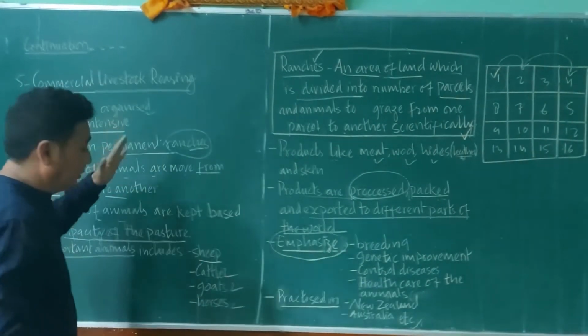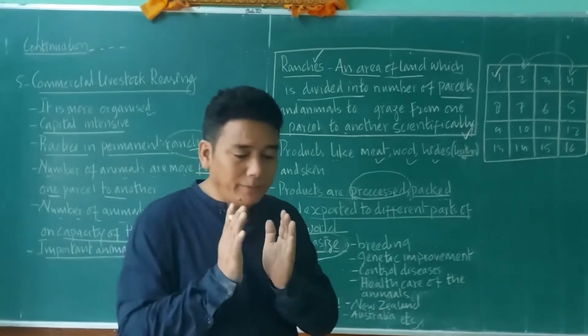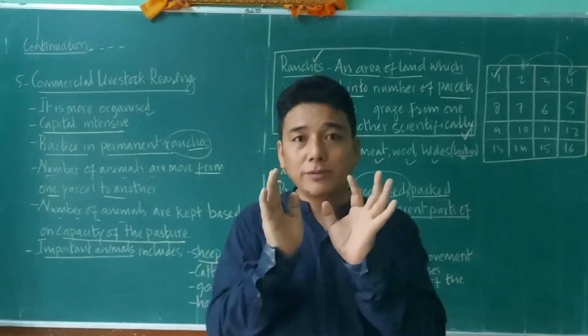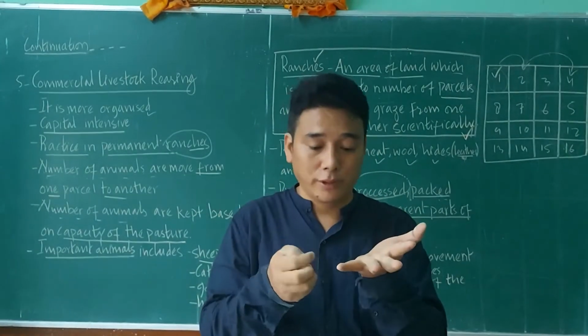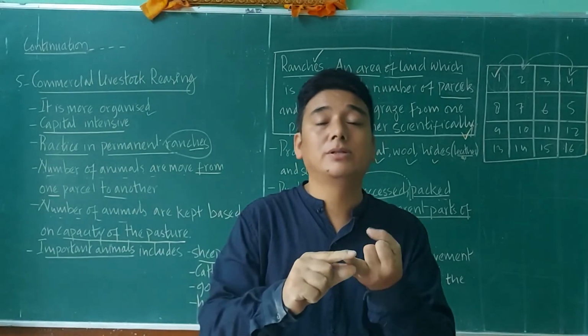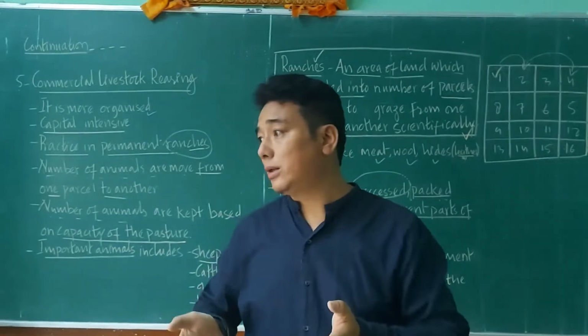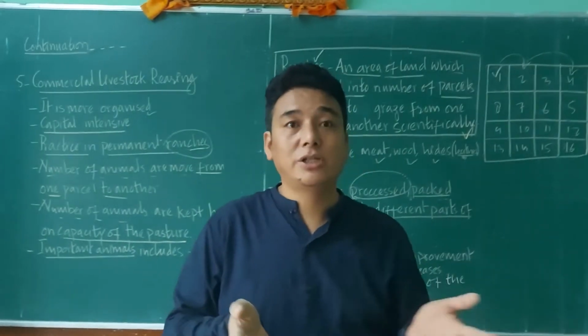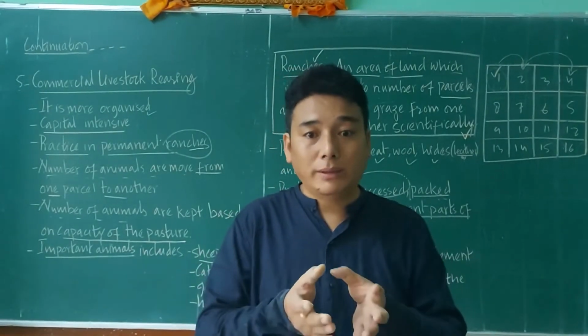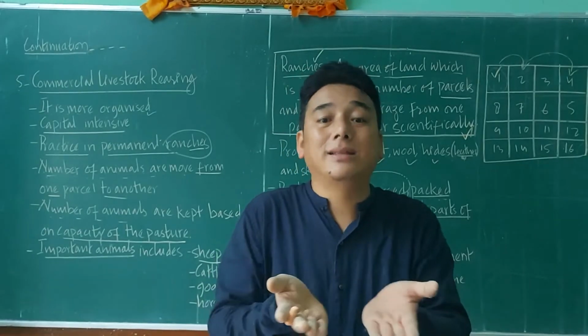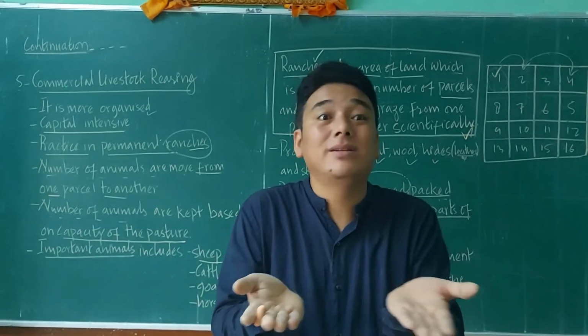Now, from the very beginning, try to understand the difference between nomadic herding and commercial livestock. Both keep animals, and the animals are almost the same, sheep, goat, and so on. But why does it come under a different type?